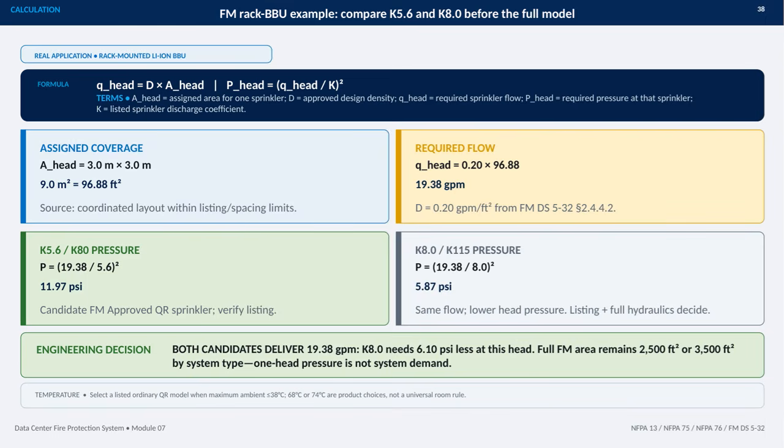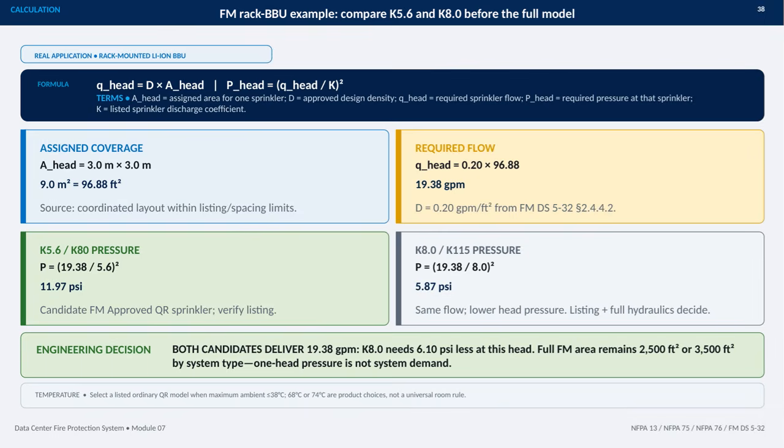The pressure then depends on the sprinkler's discharge coefficient, K. For the K 5.6 or K 80 candidate, the calculation produces 11.97 psi. For the K 8.0 or K 115 candidate, the same 19.38 gallons per minute requires only 5.87 psi.